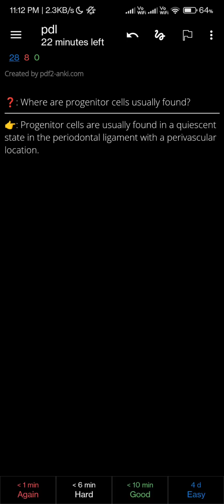These cells are usually found in the periodontal ligament.